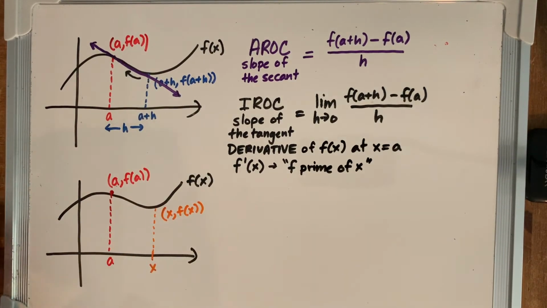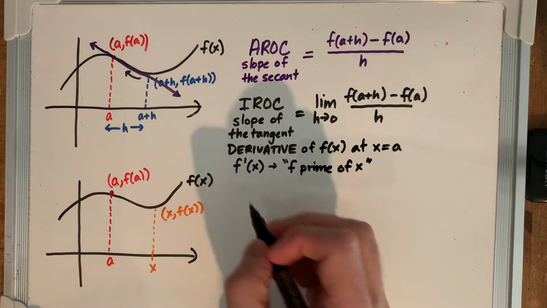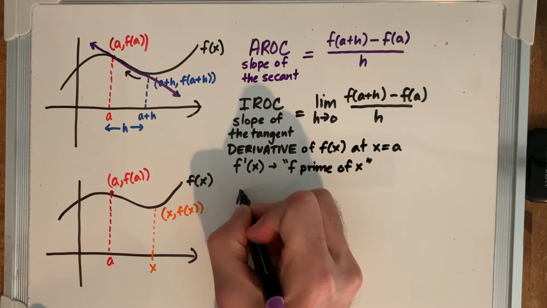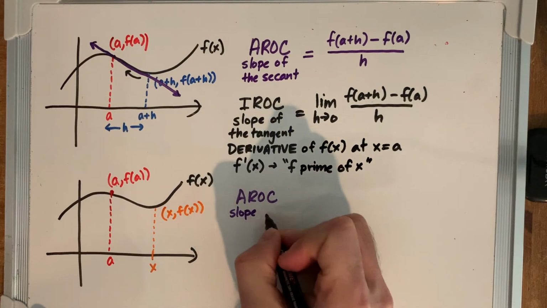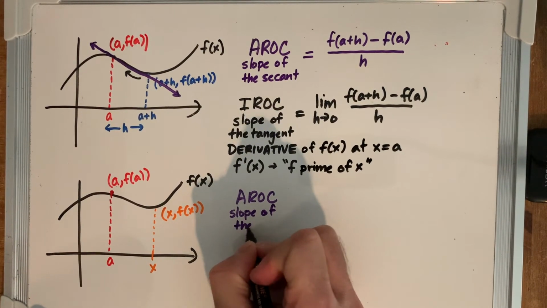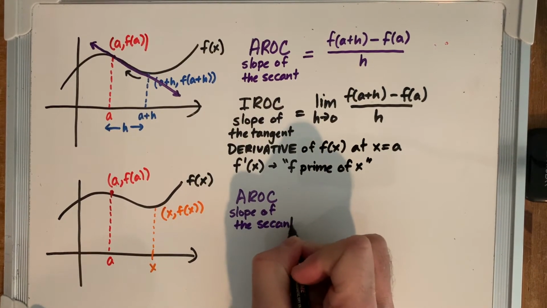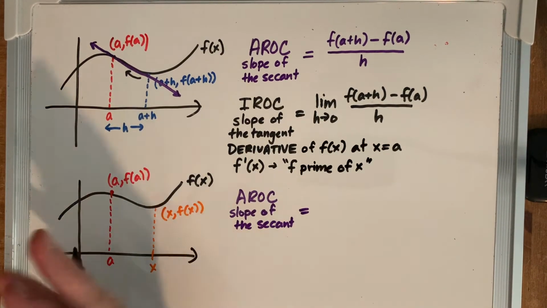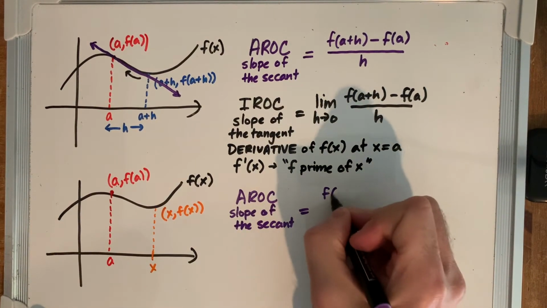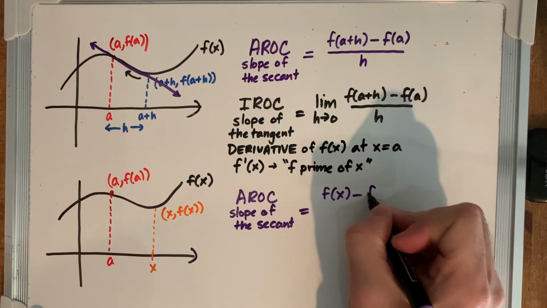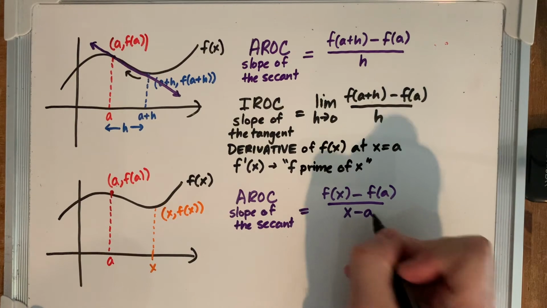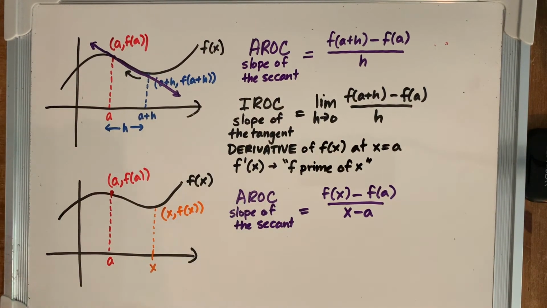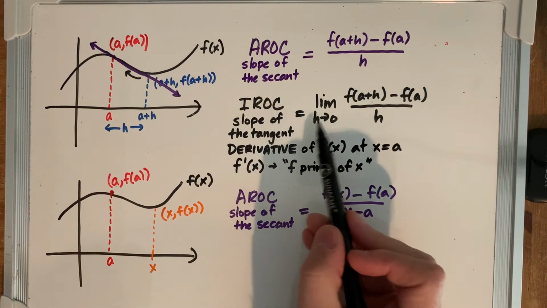Now, if we are looking at average rate of change in this situation between these 2 points, so again, we're looking at the slope of the secant, now we've got f of x minus f of a over x minus a. And again, if we're thinking of instantaneous rate of change, there's no h involved here.